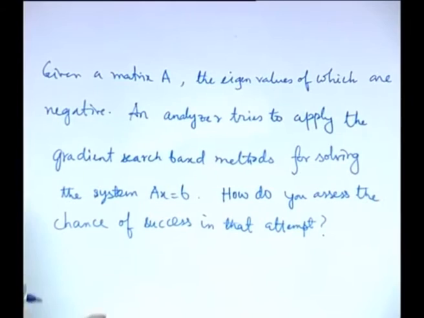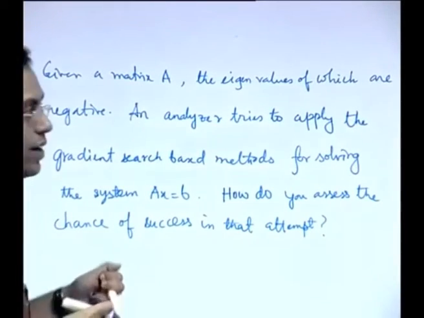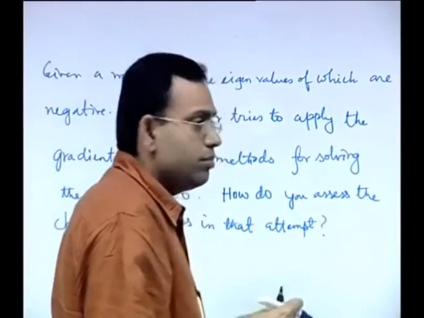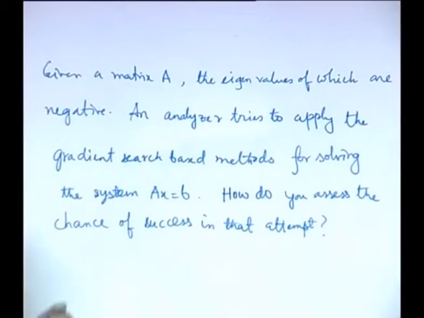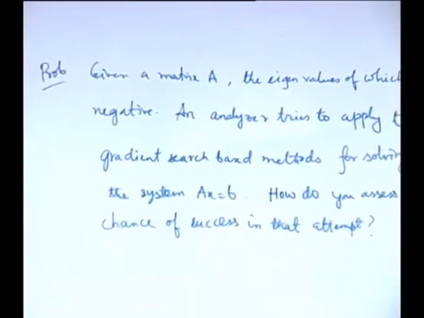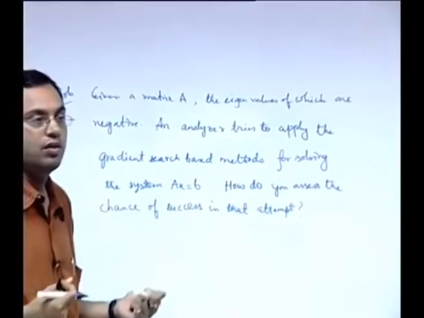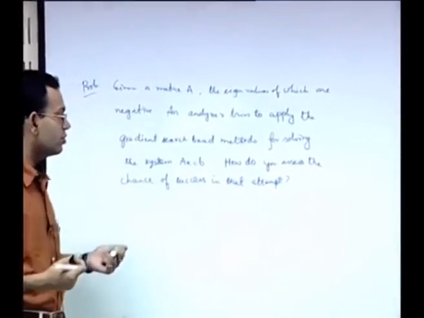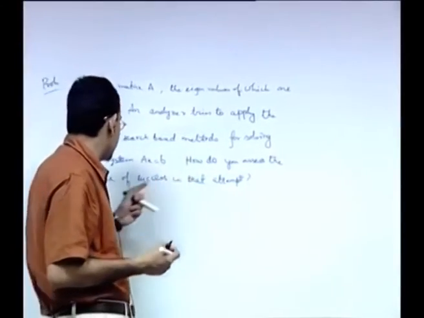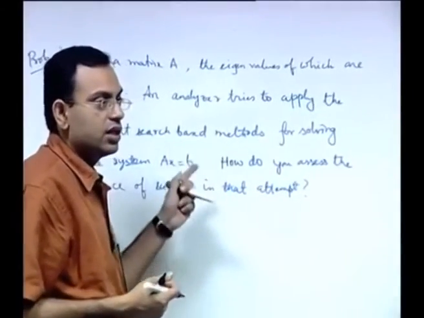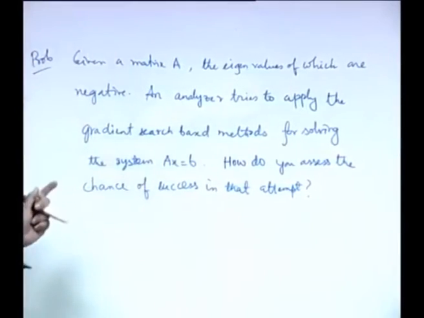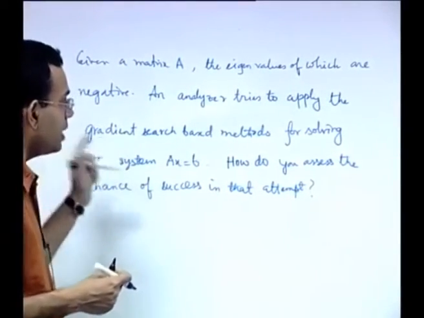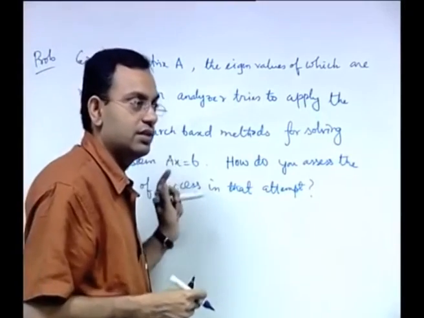So, in many cases people try to use a method, and in many cases people are unsuccessful because they have implemented the method wrongly. In some other cases they are unsuccessful because the method is wrong for that particular situation. So, when you ask how do you assess the chance of success in that attempt, you have to assume that the person implements the method without any error.